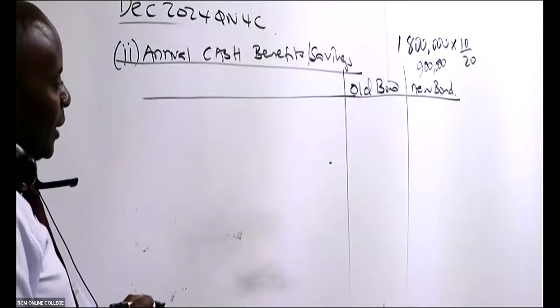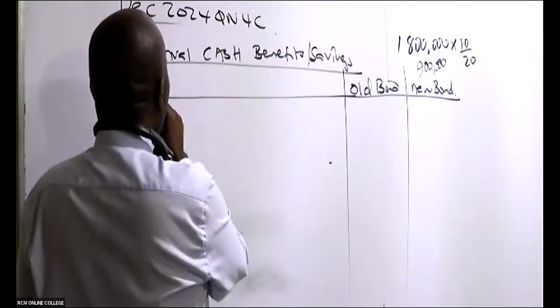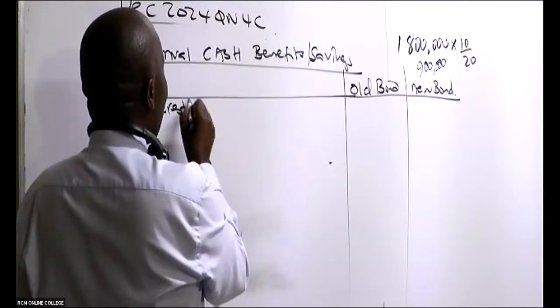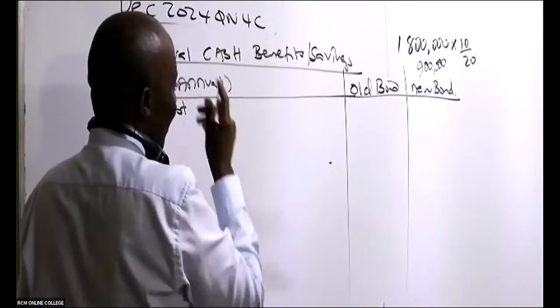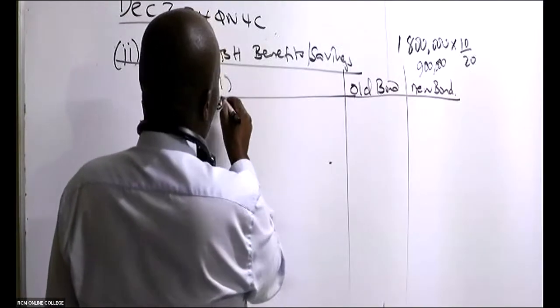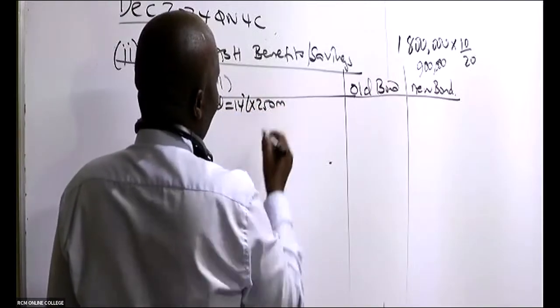All right, my good students. So of course, the differentiating feature here will be the interest. So don't forget everything here has to be annual, per annum. So interest, we start with the old. Remember the old, it's 14% of the 250 million.